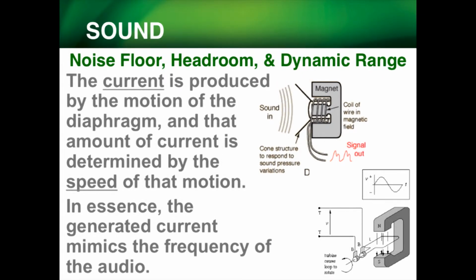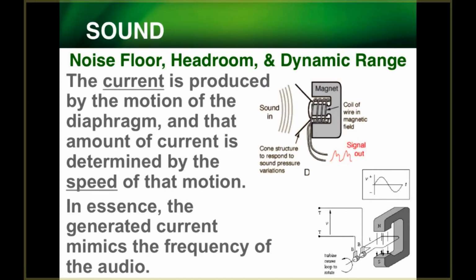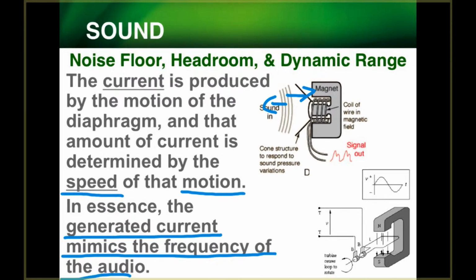The amount of current produced by the motion of the diaphragm is determined by the speed of that motion. So depending on how strong or how weak, or how high or how low the frequency is, that will change how this diaphragm vibrates. In essence, the generated current mimics the frequency of the audio.